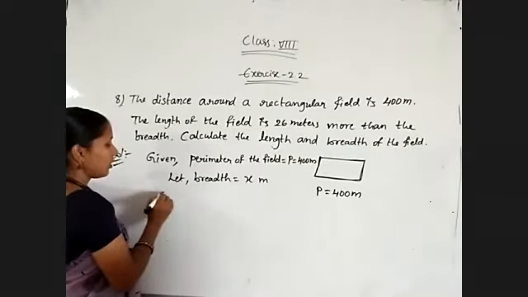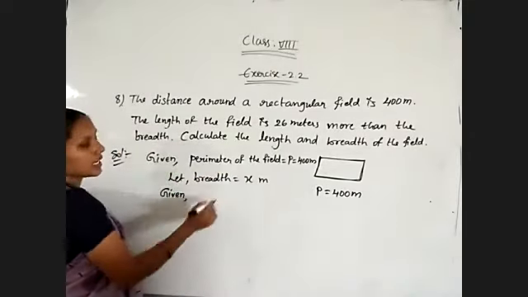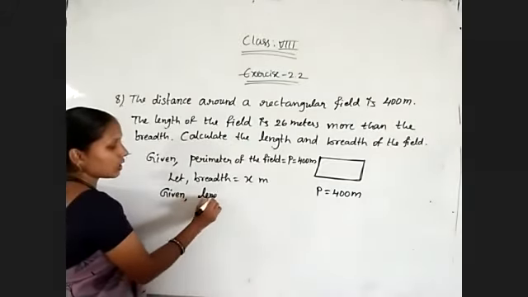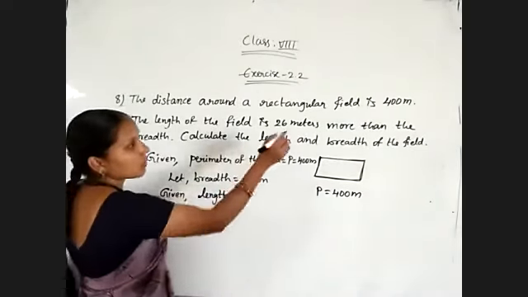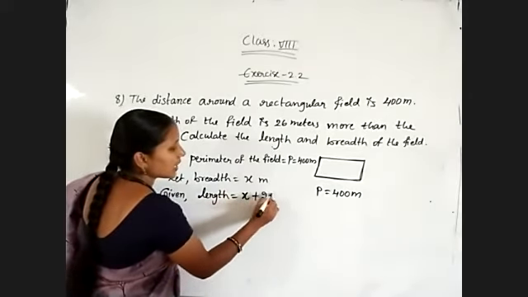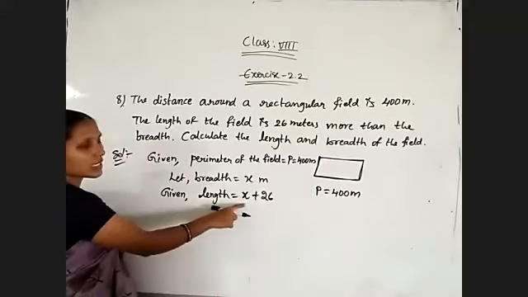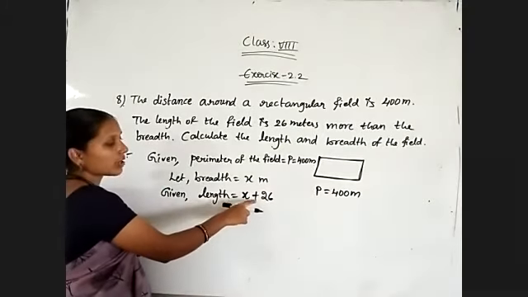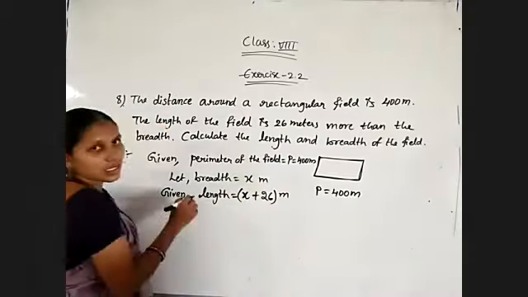Now, given the length of the field, that is L is equal to 26 meters more than the breadth. Breadth is x, and 26 meters more means plus. So x plus 26 meters.